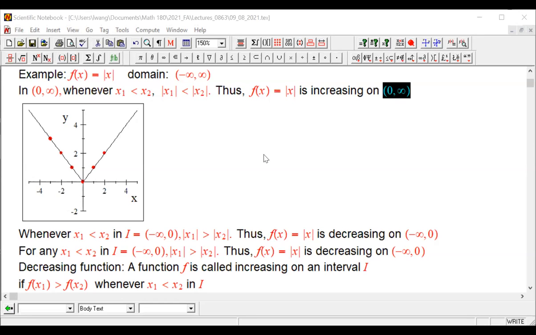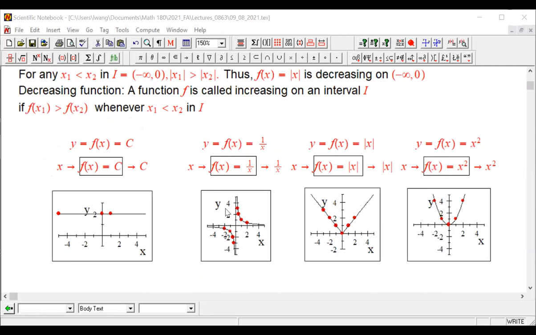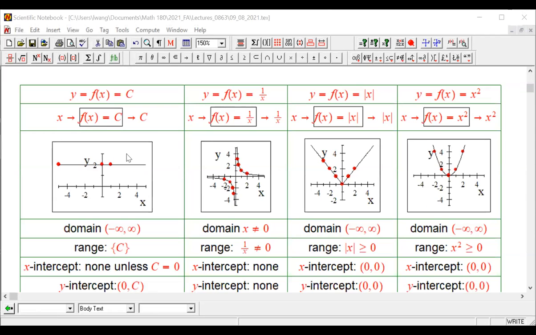Is it true that if it's not increasing, it must be decreasing? Yes. Couldn't it just remain constant? That's right. Good thinking. It's not necessarily true because you can see a constant function is neither increasing nor decreasing.